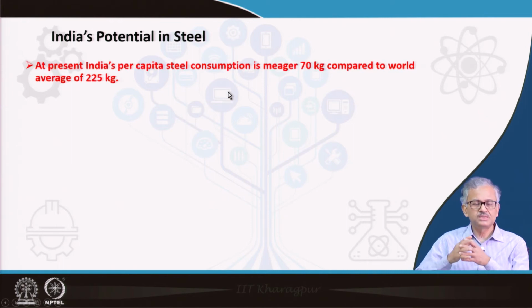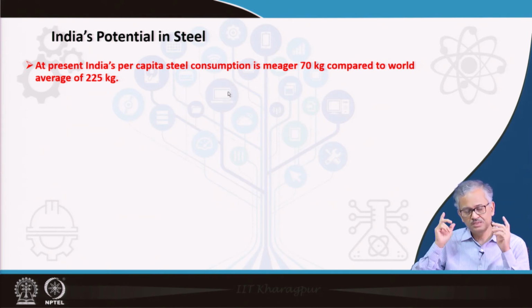At present, the major drawback is that India's per capita steel consumption is a meager 70 kg compared to a world average of 225. In South Korea, as I said in the introduction slide, it is around 1000 kg per person.